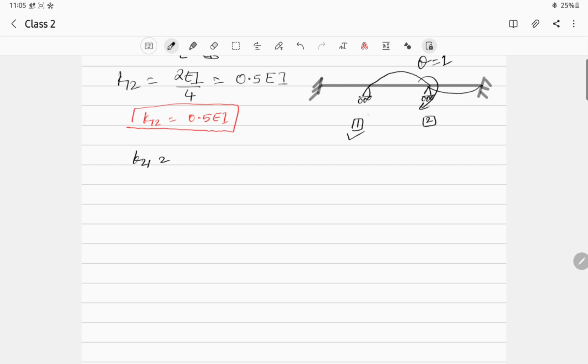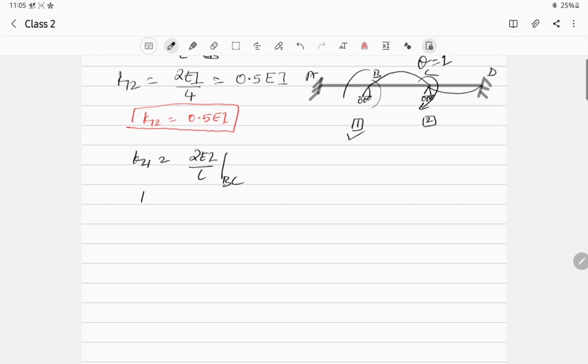What will happen to K21 at this location? K21 will be equal to 2EI by L for span BC, whereas for span AB nothing will happen. This is A, B, C and D. So 2EI by L only.